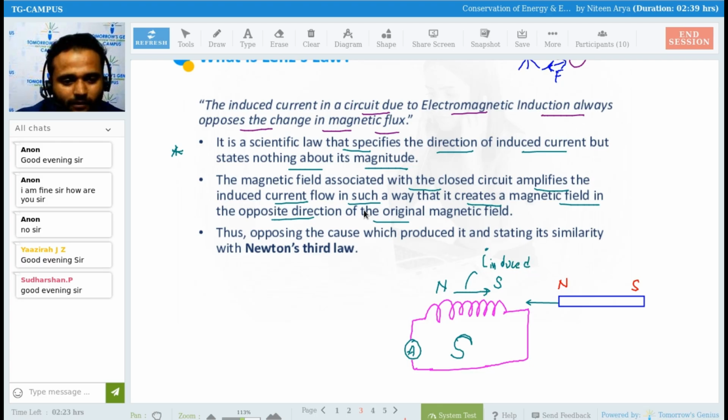Understand very carefully. Initially, what happens? If it is going to be south, it is going to attract. See, if it is south here, I reverse my polarity. In this particular sense, south becomes this.